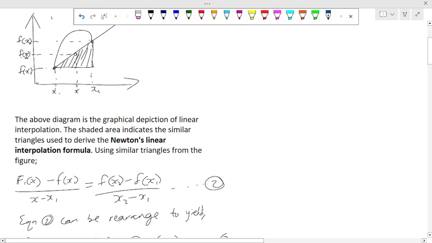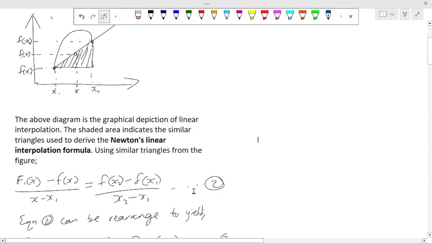So f1 of x minus f of x1, which is this top, and then the bottom, x minus x1, they're equal to the bigger triangle, f of x2 minus f of x1, divided by x2 minus x1. This is not xn, this is x2.